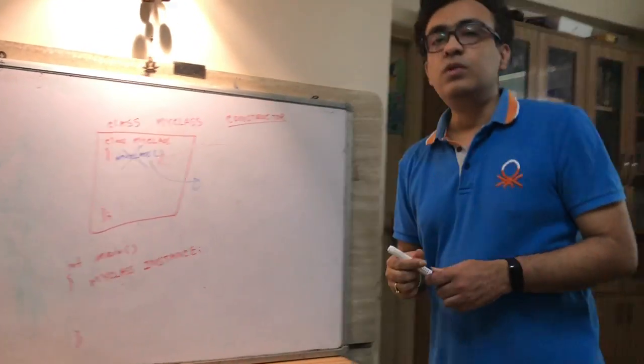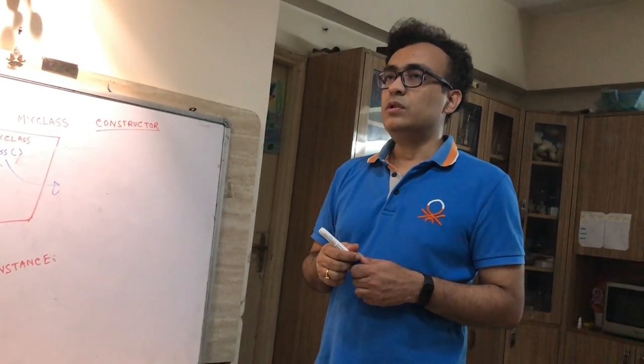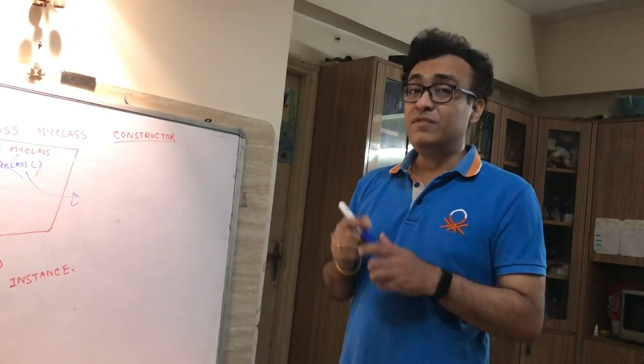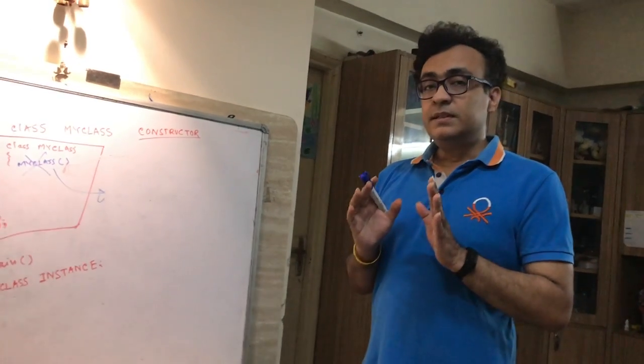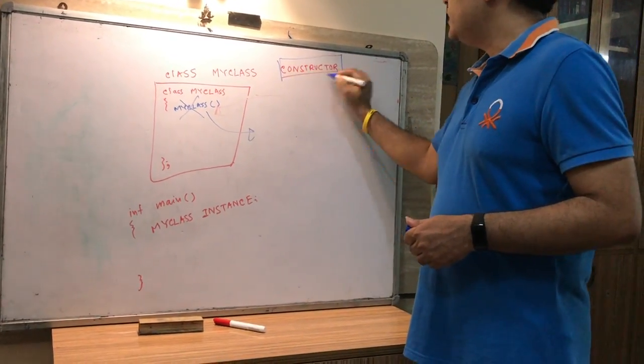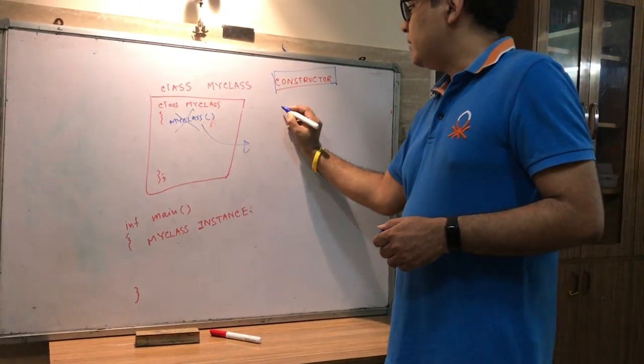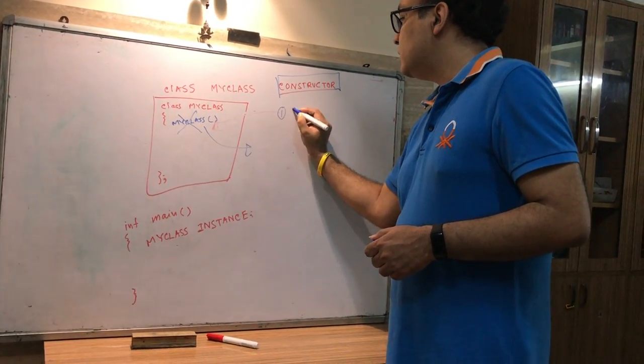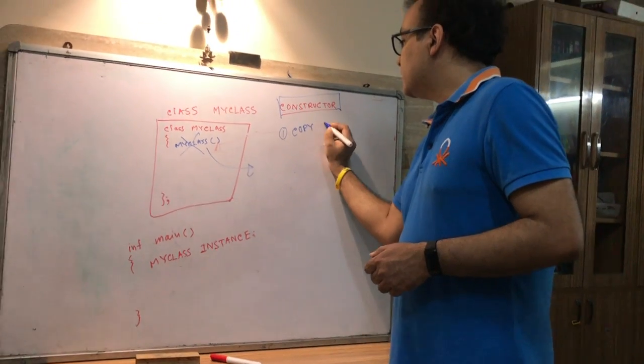There are another two terms that are very important to know and very fundamental to C++ programming, especially since this is the topic of discussion for today. So I will elaborate. One term is called copy constructor.